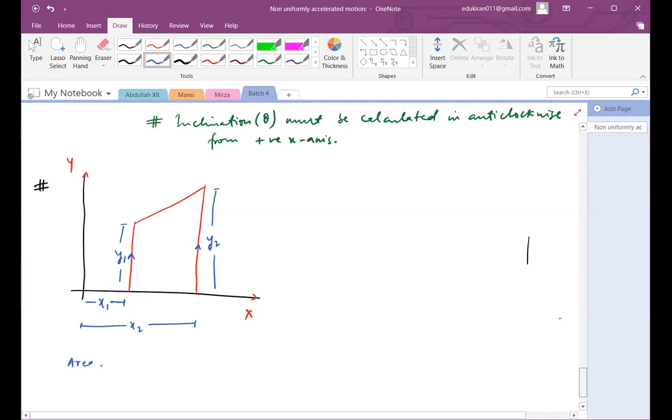So if you have to calculate the area of a trapezium, it will be half the sum of parallel sides into height, into the perpendicular separation between them.